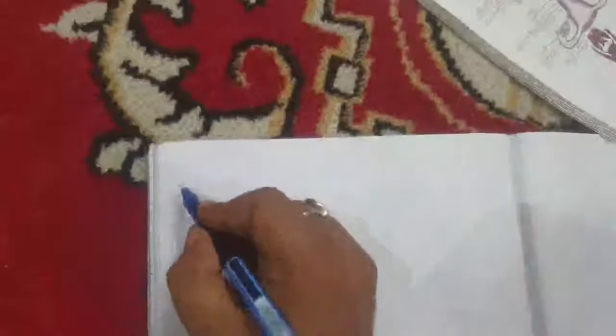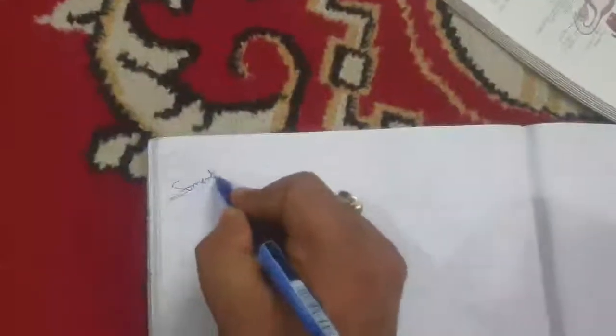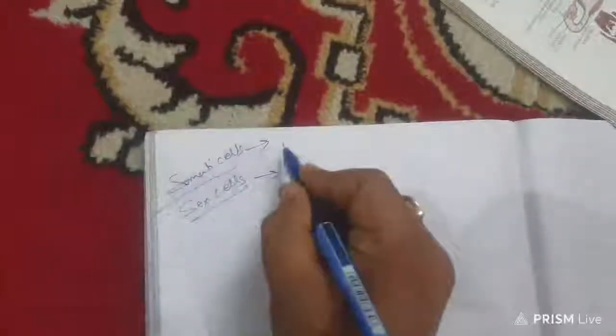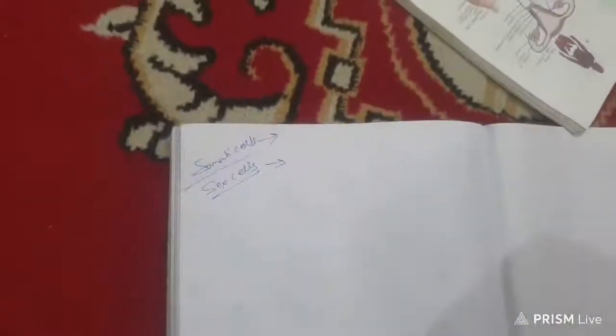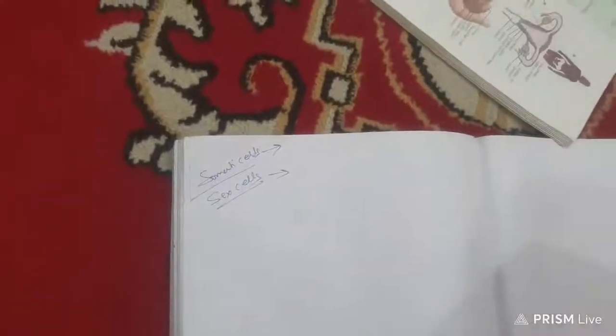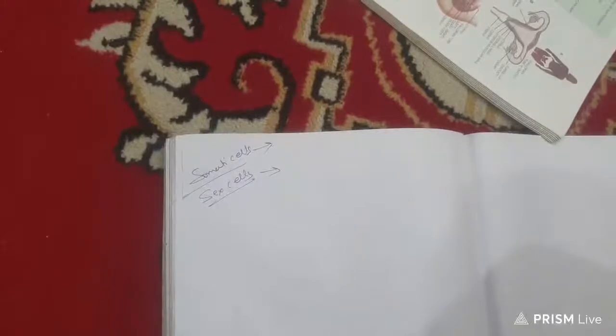However, in sexual reproduction, what happens? Like I told you, in the body of an organism which does sexual reproduction, two types of cells are there: somatic cells and sex cells. The somatic cells are the cells of the body, like your lungs, eyes, heart, hair.